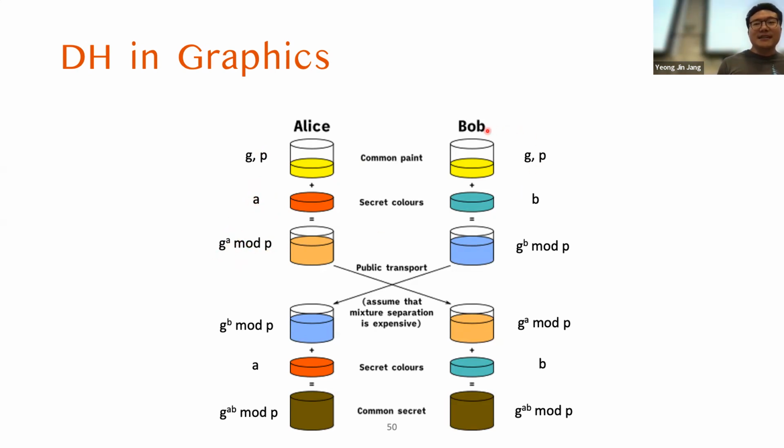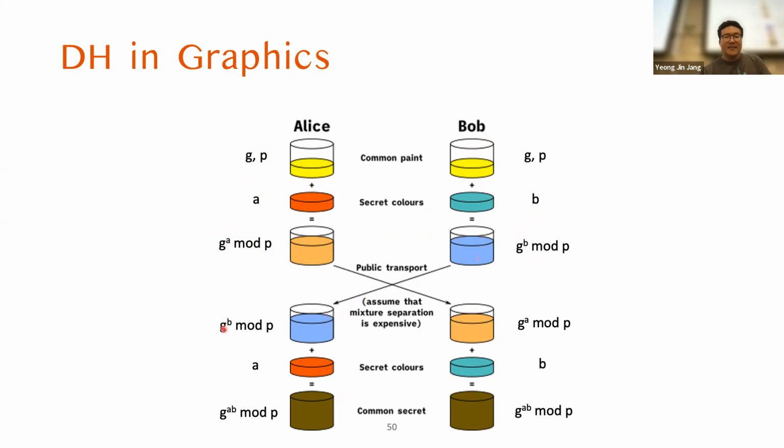On the Bob side, we know G and P, and Bob's secret B, so we can calculate this one. So we are not sharing these secret colors, but we are sharing the mixtures of them with the others.